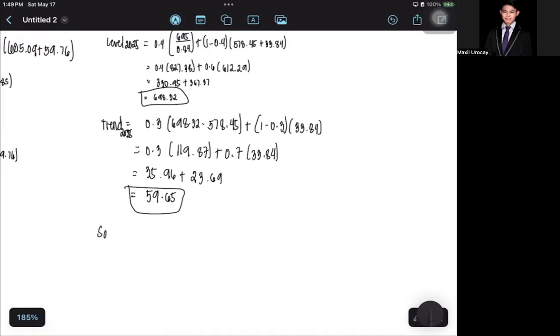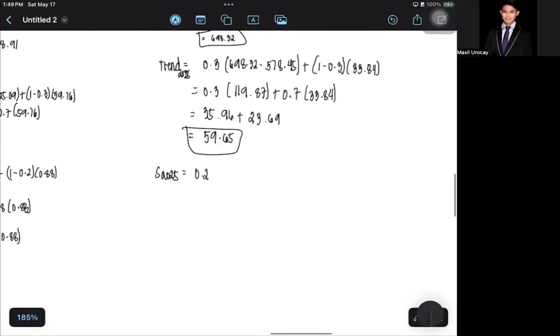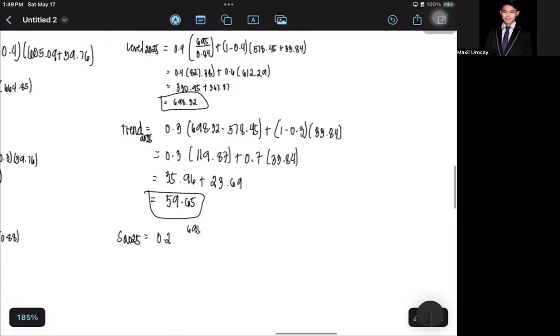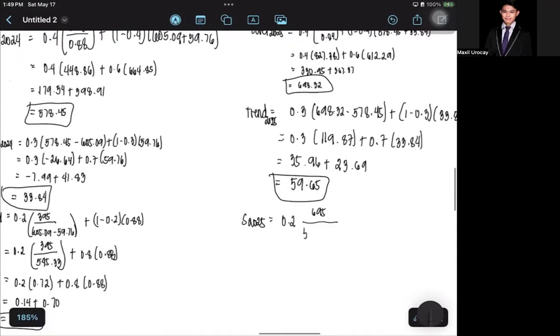So this is the total that we have here for your trend. And for the seasonality of 2025, you have the gamma as 0.2, then your current data is 695, divided by the previous level, which is 578.45, minus 33.84.